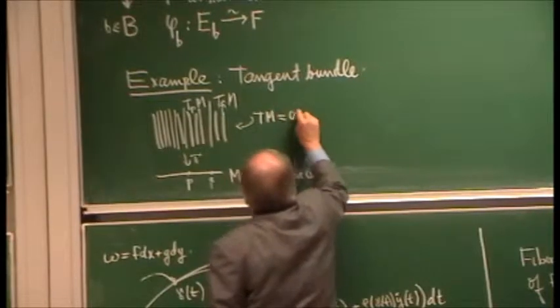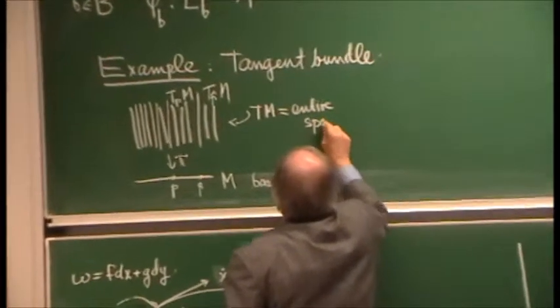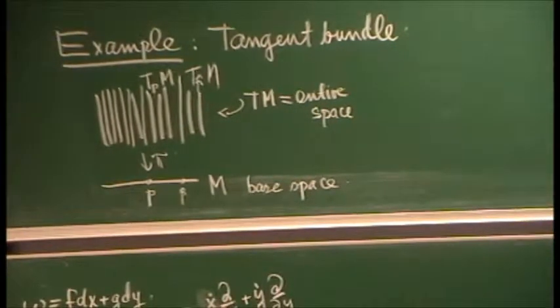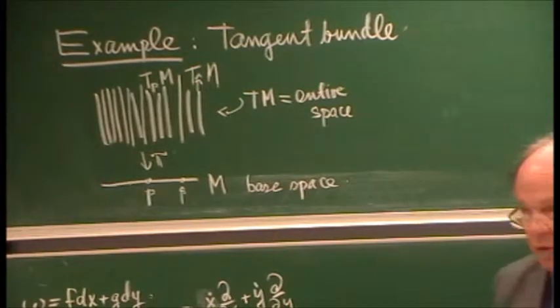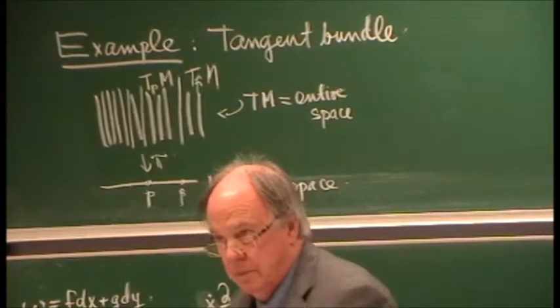Now, these fibers, so here, this is the tangent bundle. This is what I call the entire space in the other picture. I told you that we need an isomorphism, and I'm getting to your question now, to a fixed fiber.